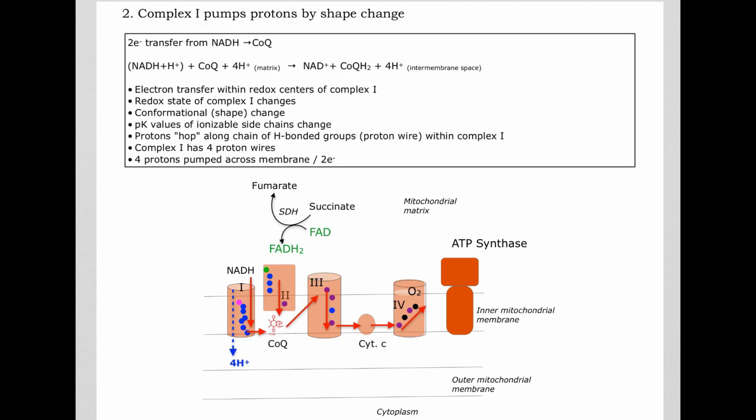When the shape changes, the environment of certain ionizable amino acids of complex 1 changes, therefore their pK values are going to change. This change in pK values of the groups that are facing the matrix side as well as the groups of complex 1 that are facing the intermembrane space causes the protons to hop along hydrogen bonded groups, what we call the proton wire within complex 1.